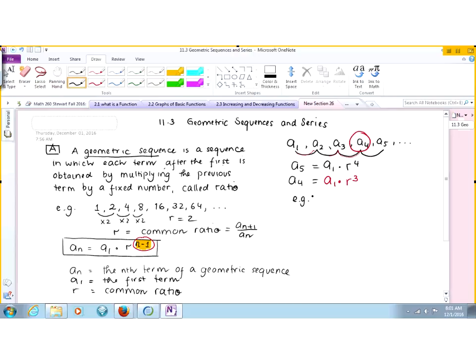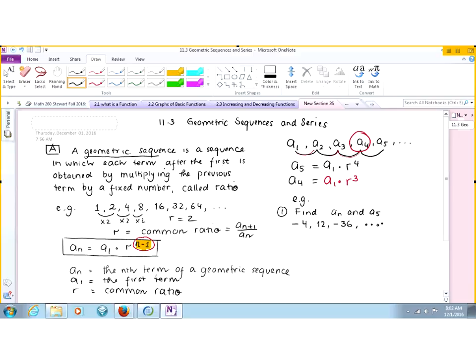All right. So let's do an example. Number 1, find a(n) and a5 for this one: -4, 12, -36, dot, dot, dot.